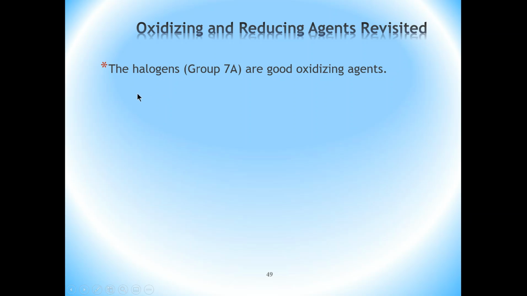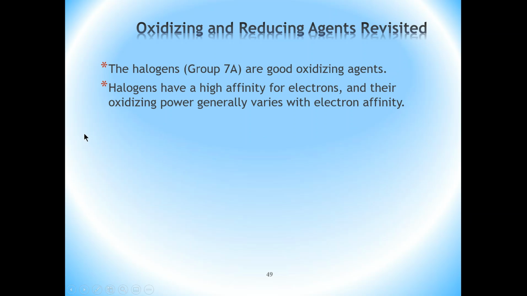So the first general statement concerns the elements in group 7A. They tend to be very good oxidizing agents, because halogens have a high affinity for electrons. Therefore, their oxidizing power generally falls in line with electron affinity. So the higher the electron affinity, the higher the oxidizing power of the halogen.